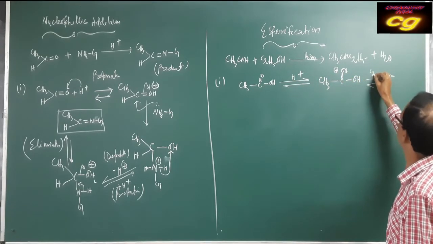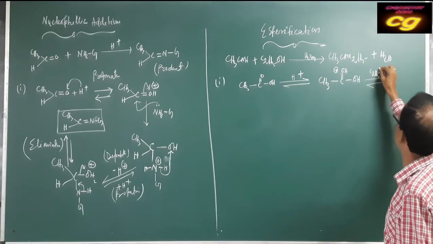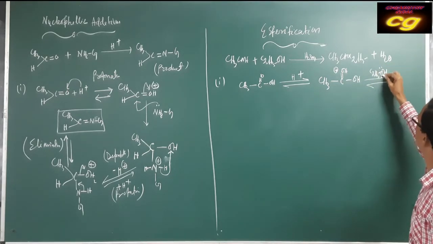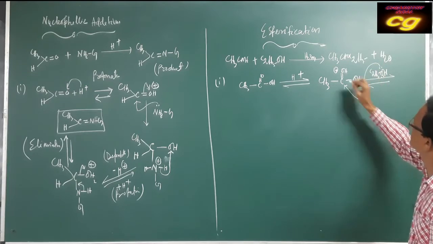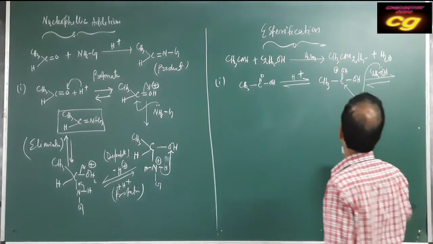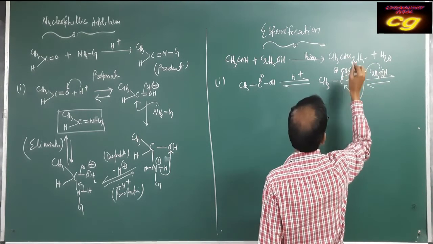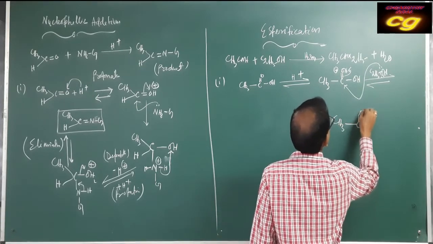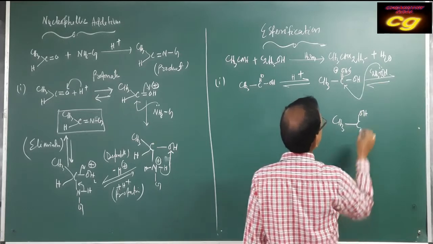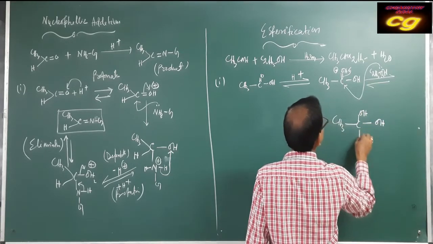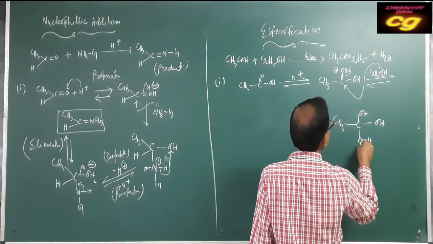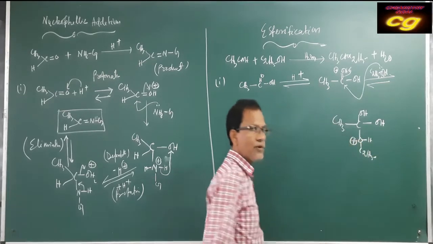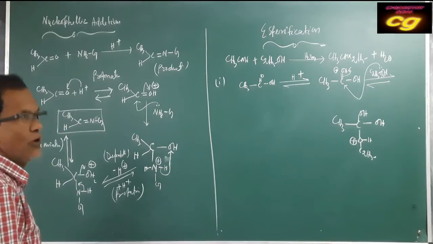Here the alcohol acts as a nucleophile, and its lone pair attacks this carbon atom. At the same time, breaking of a bond takes place. So what is the result? CH3C(OH)(OH)(OC2H5). Here a positive charge forms after donating the lone pair.